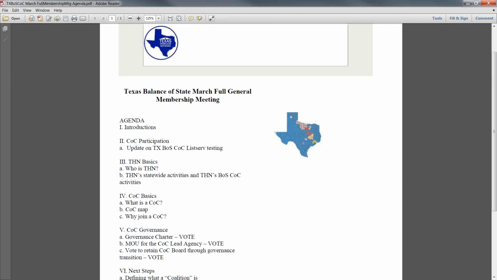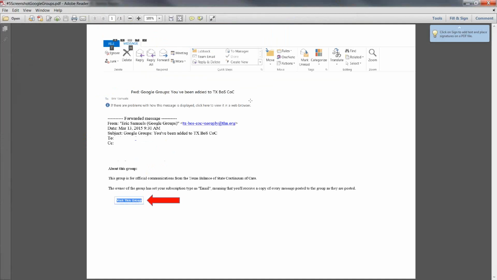But as we tested it in-house, we noticed some potential problems with Google Groups, and we determined that it would probably be too confusing if we started rolling out to our members. So I just want to show a screenshot of what we had been seeing. The part that was confusing was this visit this group button.